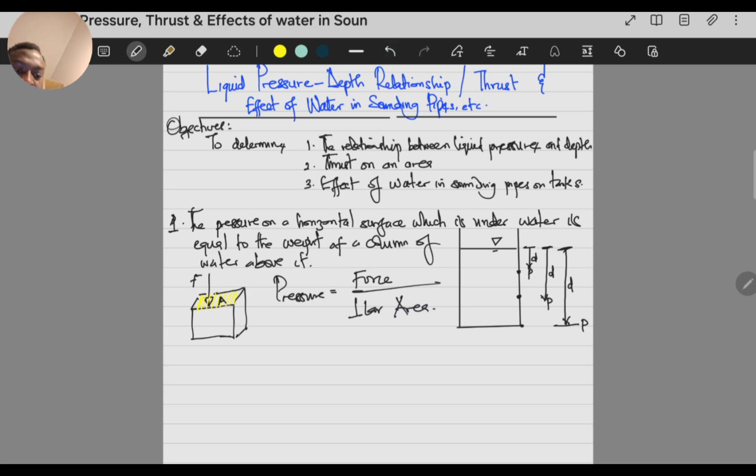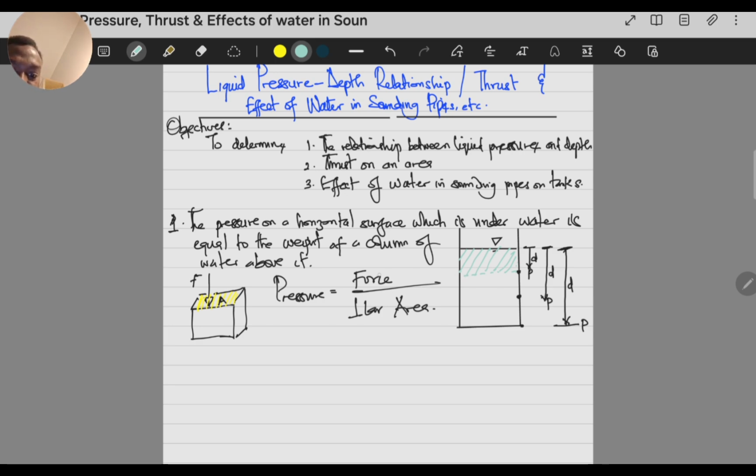Now, however, when we are talking about fluid, we are considering the weight of the column of water above that point. So if I'm considering this point, for example, it's going to be the weight of the fluid that is exerting pressure at that point, at that level.